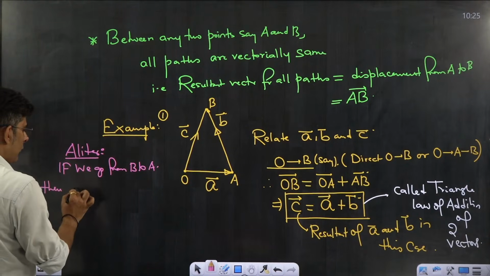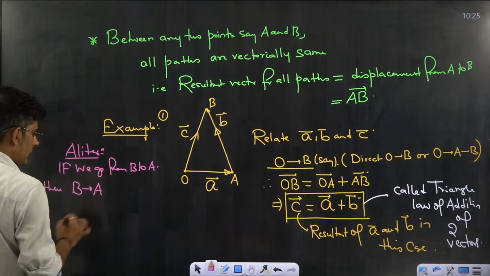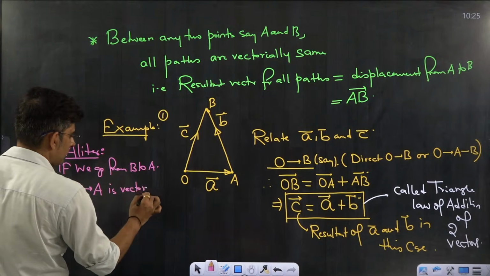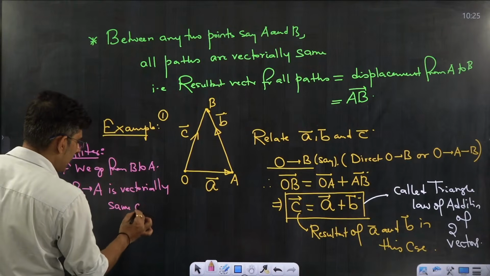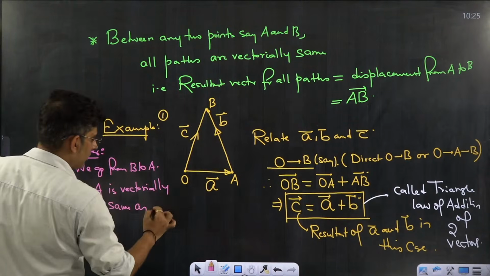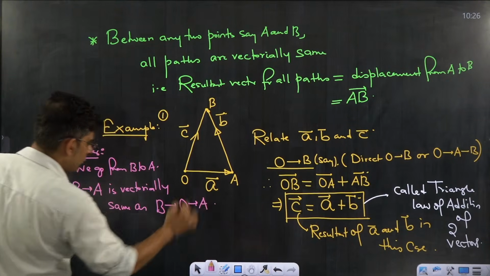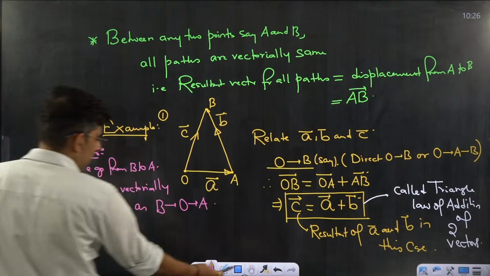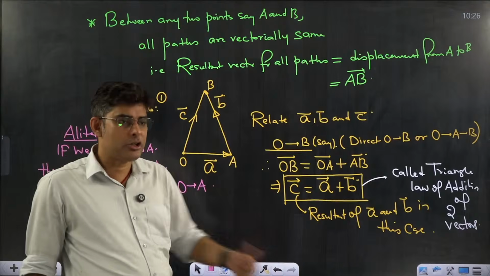One path, B to A, will be vectorially same as the indirect path. You can also go from B to O and then from O to A. Can you go or not? One path you are going from B to A directly and one you are going from B to O to A. So you will say, if I go in this way, will I get this answer? Let me assure you, you are going to get it.